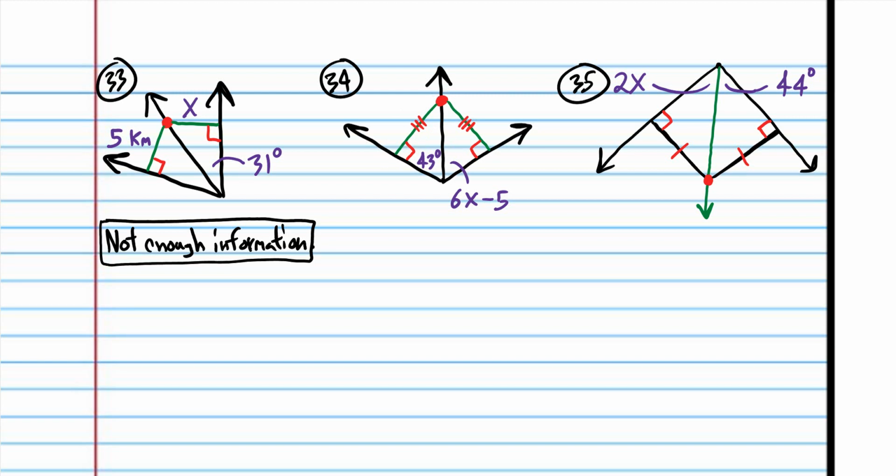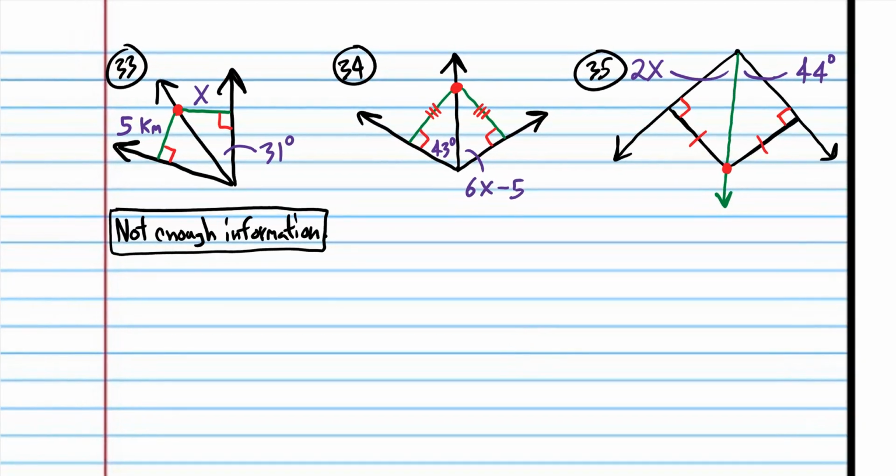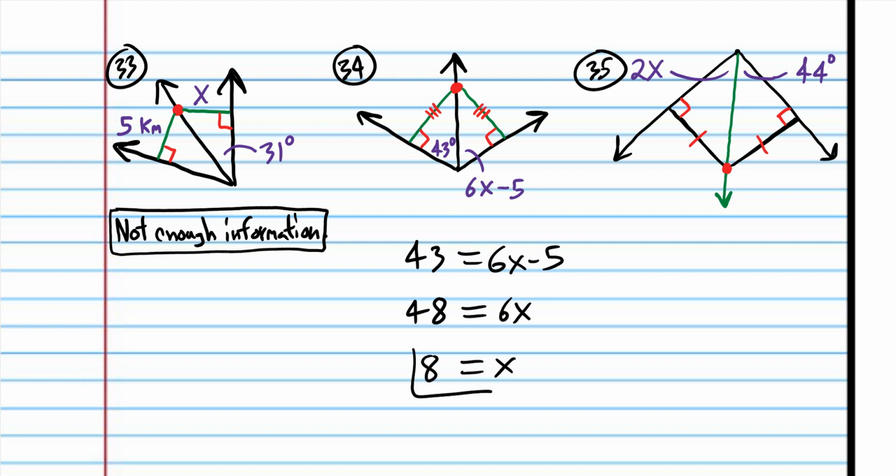So therefore, by the converse of the angle bisector theorem, these angles must be equal because the converse says that this ray is an angle bisector. So that means that 43 must be equal to 6x minus 5. Add 5 to both sides. Divide both sides by 6, and we get 8. So x is equal to 8.